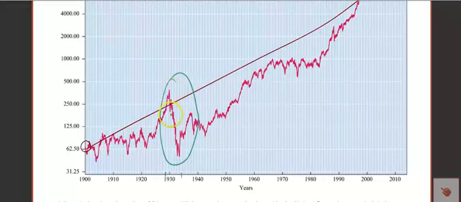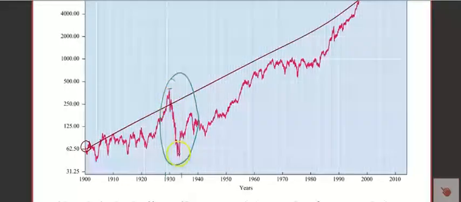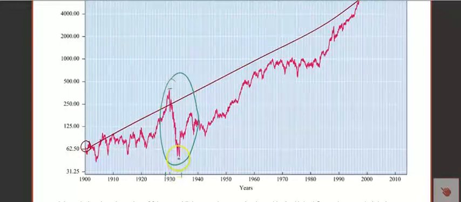Here at the beginning, you can see the stock markets were as high as they ever were. And in a very short period of time, maybe 5, 6, 7 years, it crashed to just about the lowest it had ever been.